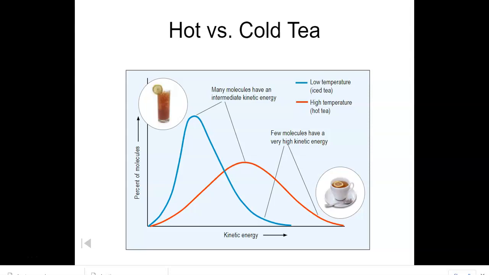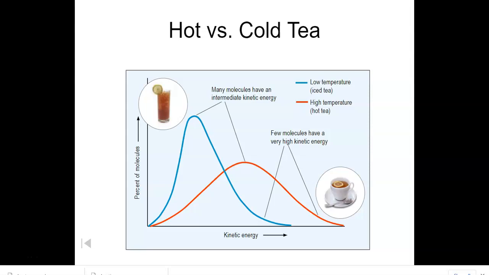We can see this here. In cold tea, many molecules have intermediate kinetic energy, and in hot tea, there are fewer molecules that have very high kinetic energy toward the end. So you can kind of see the difference.